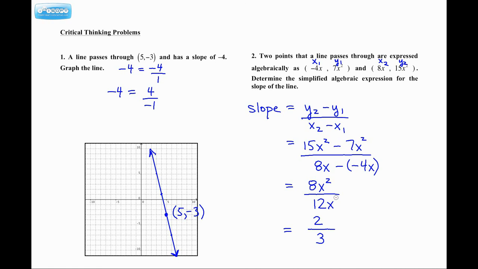And x, well, that just means x to the 1. So if you think about it, x squared over x, what that means is x times x over x. So one of these x's cancel out. So I'm actually just left with 1x in the numerator. So there we go. That's our slope.